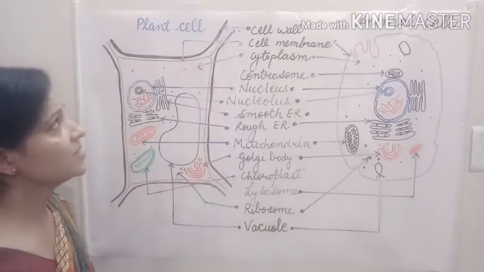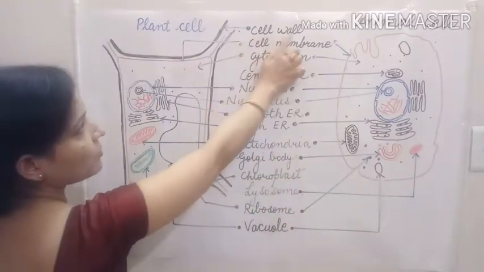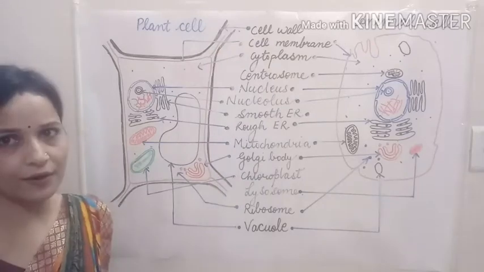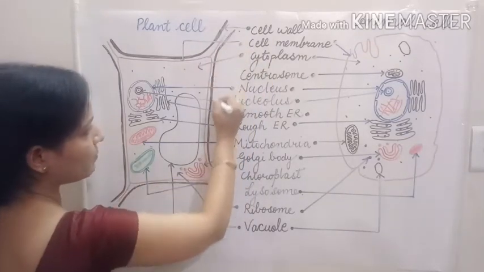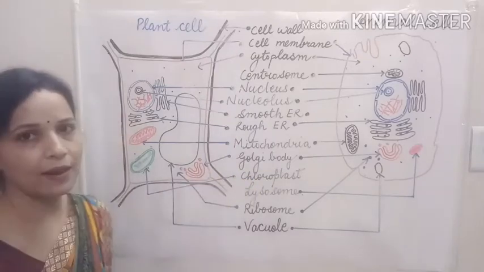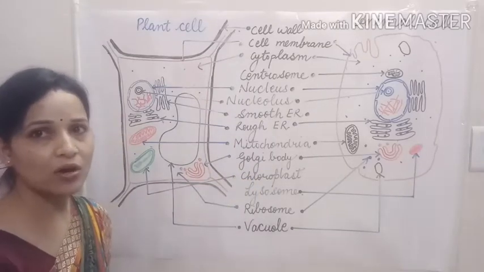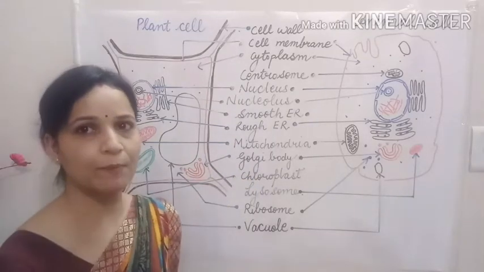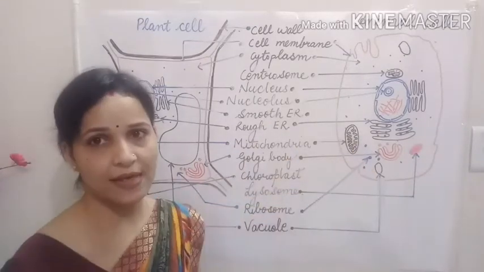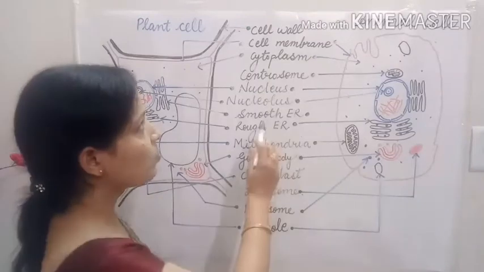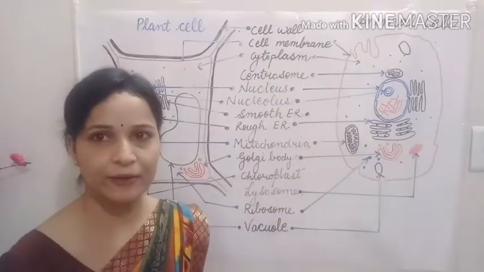As you can see, the cell wall is the outermost part of the cell, and it is present only in plant cell, but it is absent in animal cell. It means the cell wall is not found in animal cell.